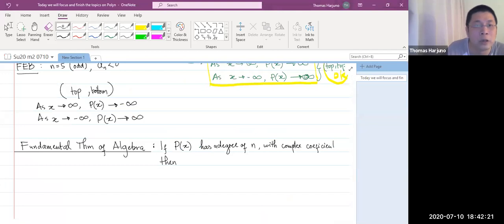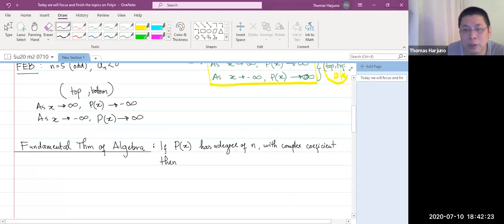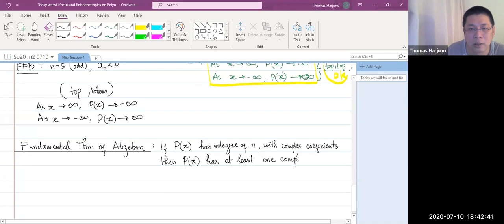Now, with complex coefficients, P(x) has at least one complex zero.